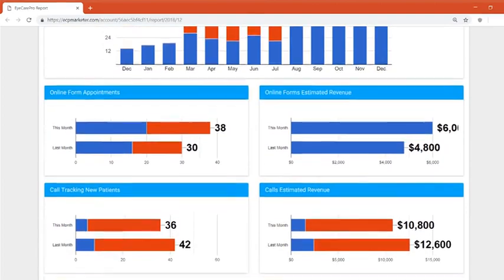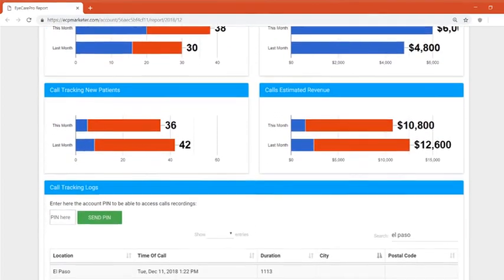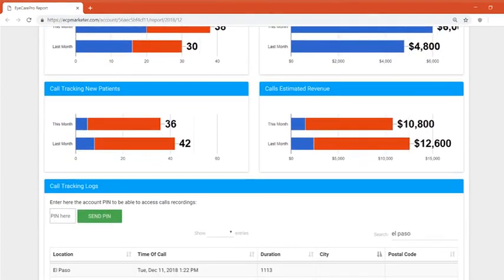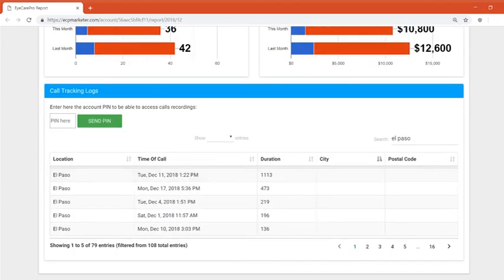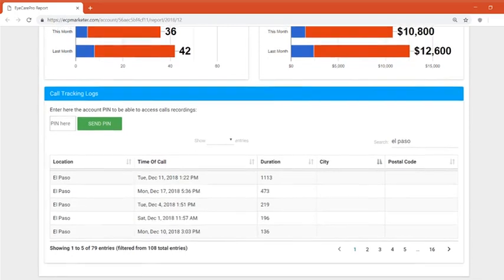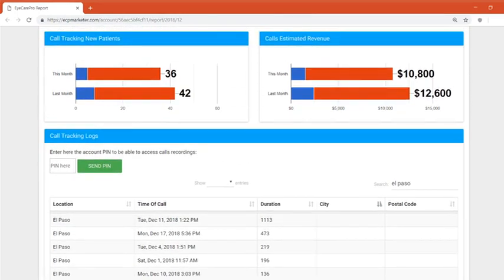Call tracking, we've done a lot of statistical analysis, about 100,000 calls, I think, at least by now. Thank you to Steve and TSO, because we were able to review all these calls, and ultimately we came to a very solid rate that out of about 79 calls with a good solid duration and where they're located, 36 of them were new patients.